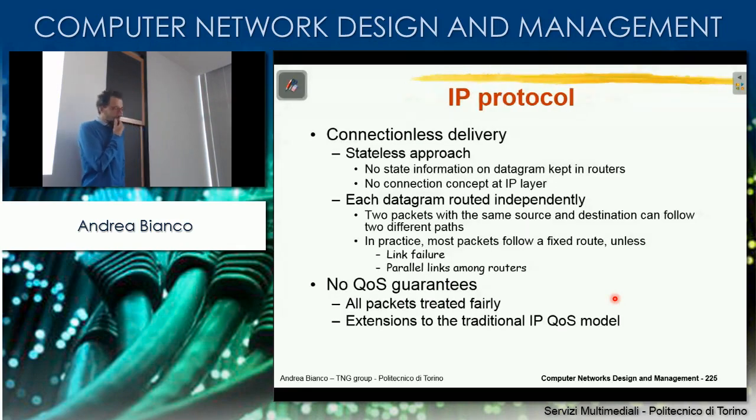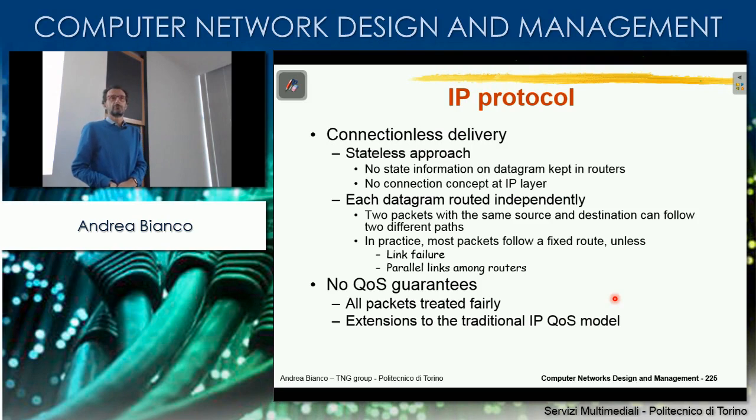Why? Well, there are some reasons. One main reason is that you want to keep the node simple. And the simplicity is related to the fact that you have no notion of connection in the network. So you may have a user generating tons of packets for the same destination. All of them are treated independently in each node. So you don't need any forwarding table.